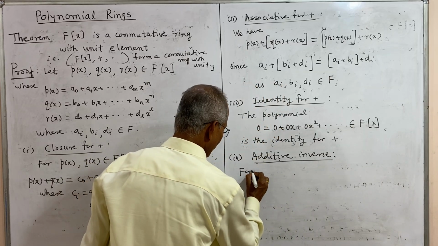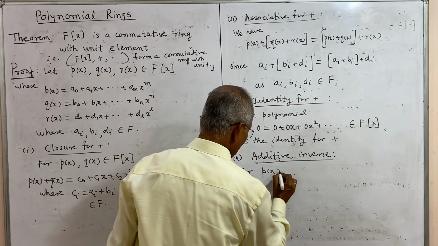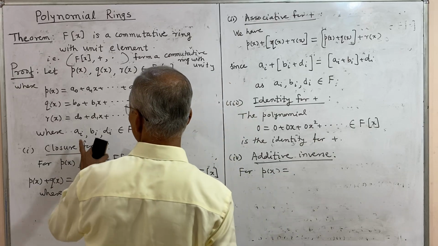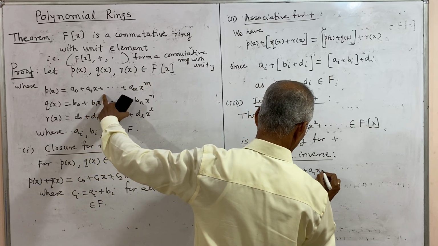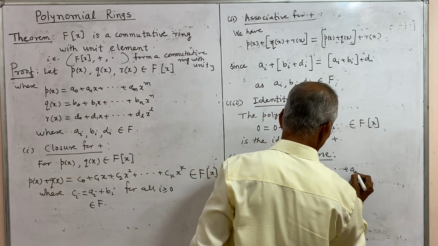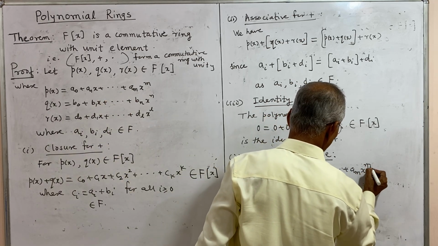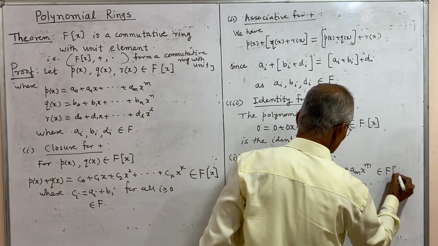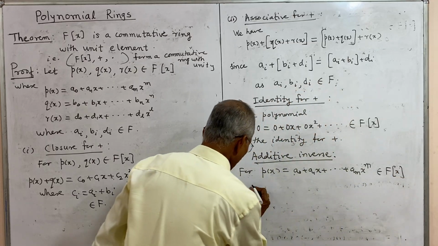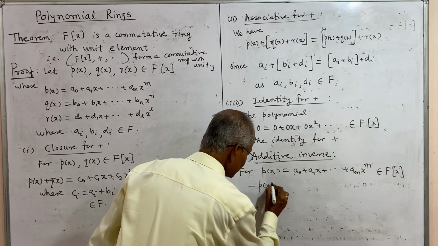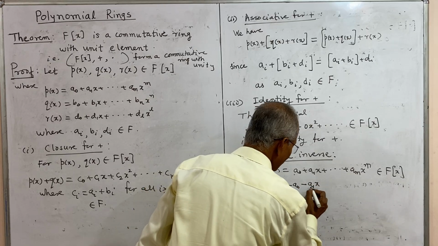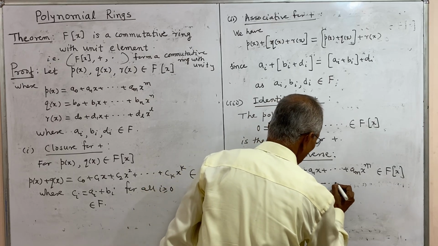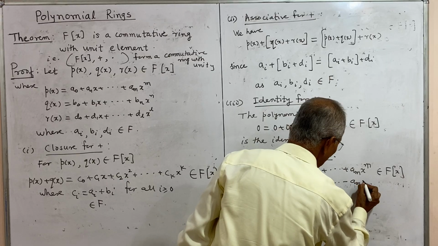For p of x, which is this polynomial a naught plus a1x plus so on up to am x raised to m belonging to F of x, negative of p of x is negative a naught, minus a1x minus and so on minus am x raised to m.